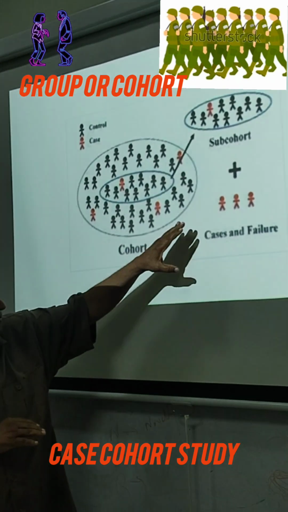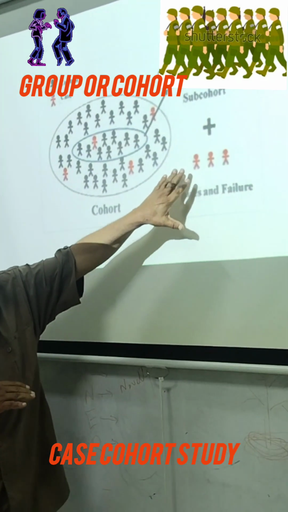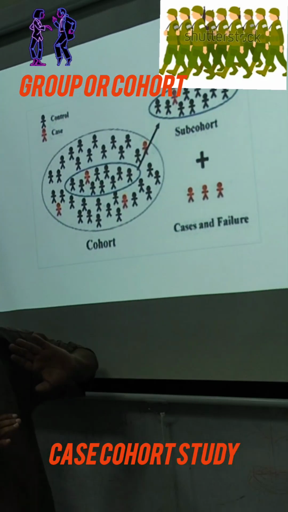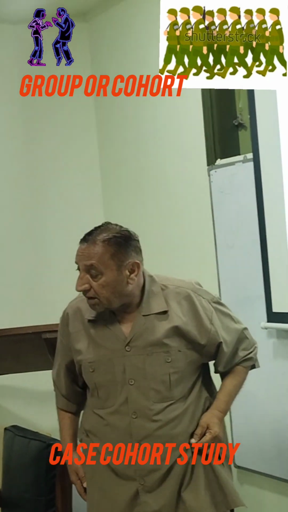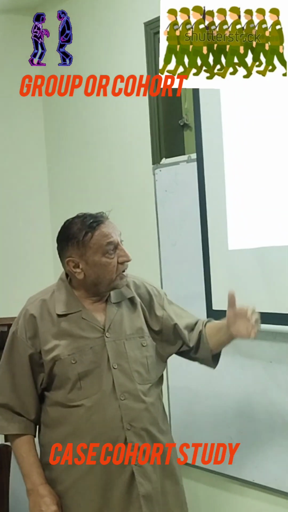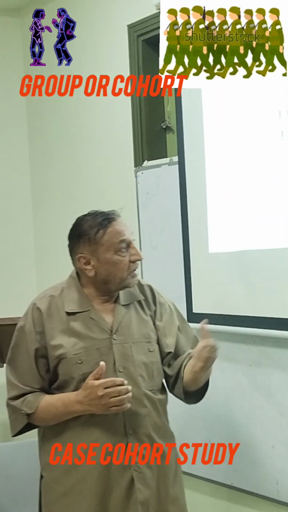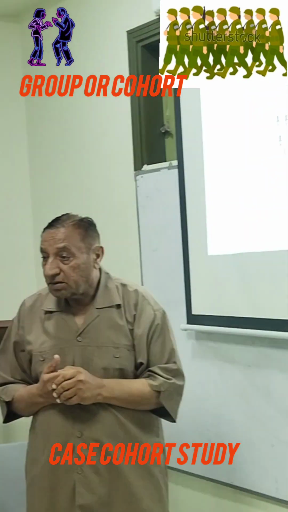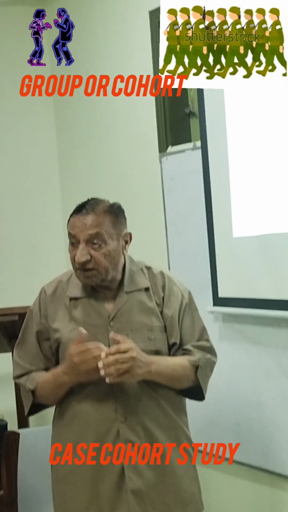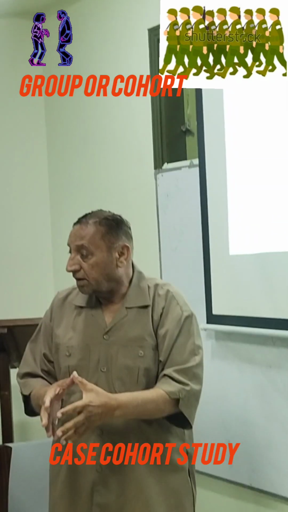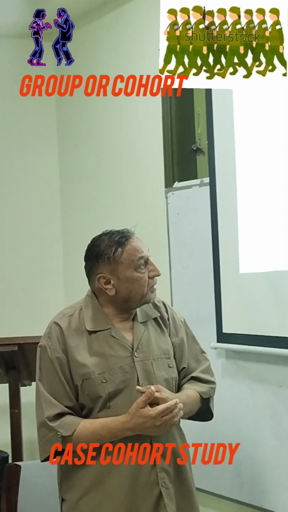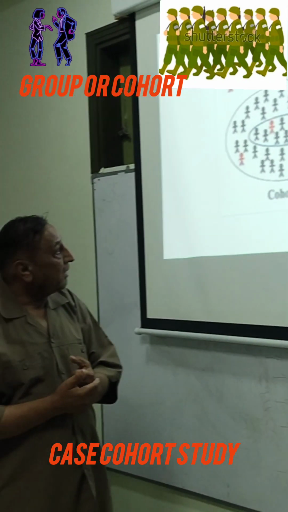So we call it sub-cohort, and all these 3 cases are labeled as cases and failures. So that can be another question: what do you mean by cases and failure in the case cohort study. It means in the random sample these cases are not included during the random sampling process. Next please.